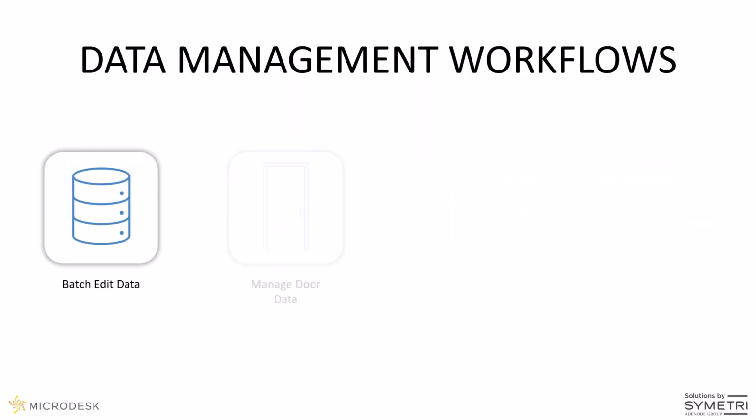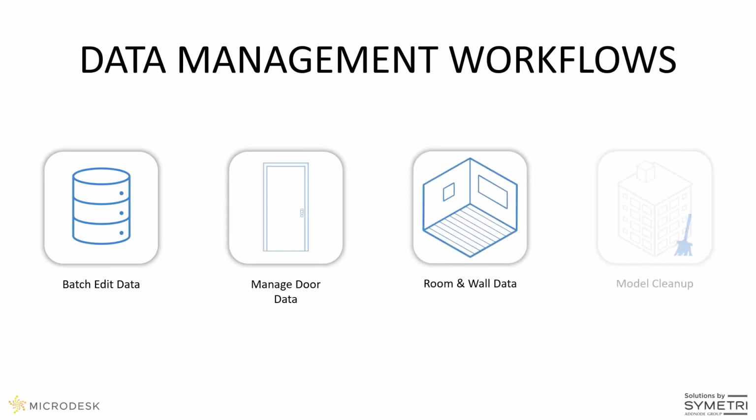With that, I'm going to focus on 4 different workflows. First, we're going to look at batch editing and visualizing data using Naviate Accelerate. Then we're going to look at renumbering, both renumbering generic elements and managing our door numbers. Then we're going to look at pulling data and pushing it to parameters within our rooms and our walls that Revit doesn't currently give us access to.